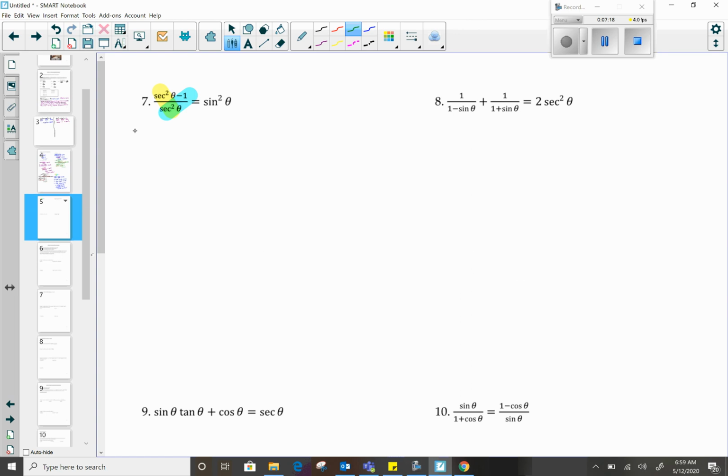So I'm going to separate it into secant squared theta over secant squared theta minus 1 over secant squared theta. Which this just becomes 1 minus 1 over secant squared, which is cosine squared.